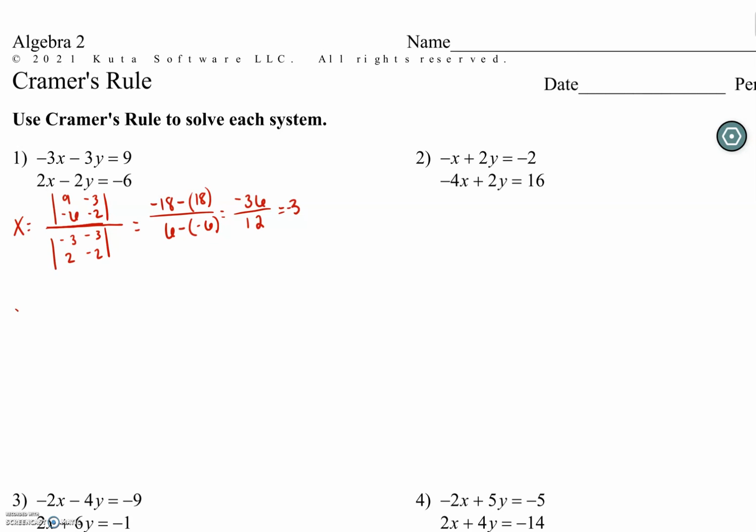All right, now let's look at y. So again, the denominator is going to be the determinant of the coefficients. And the numerator is going to be the determinant of the x coefficient and then the solution to the equations.